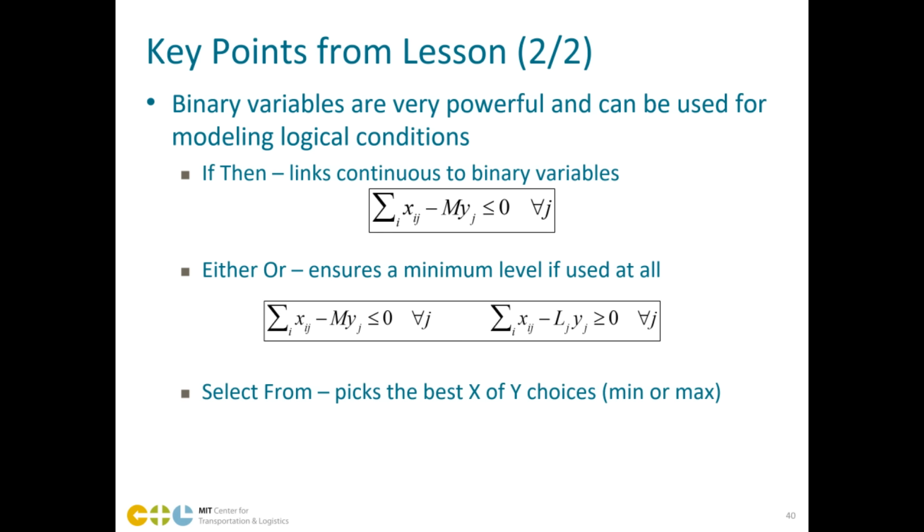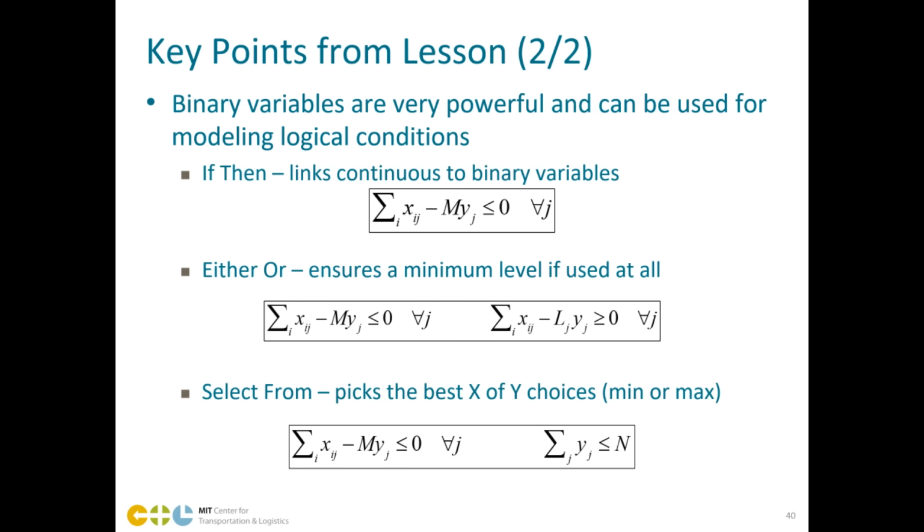Okay, the last one we did was select from, and this is where you pick the best X of Y choices, either a min or a max. In this case, in our model, we chose a less than, so you have the linking constraints, and then you have this added constraint, which is just the sum of the binary variables must be less than or equal to n. In other cases you might set it up so you have to have at least a certain number of things open.